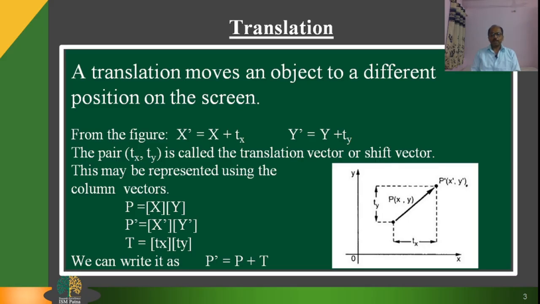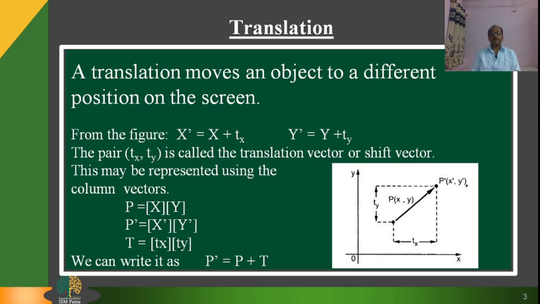In the figure you are seeing two points, one point whose coordinate is P x, y and another point P dash whose coordinates are x dash and y dash. So the translation coordinates should be Tx and Ty.